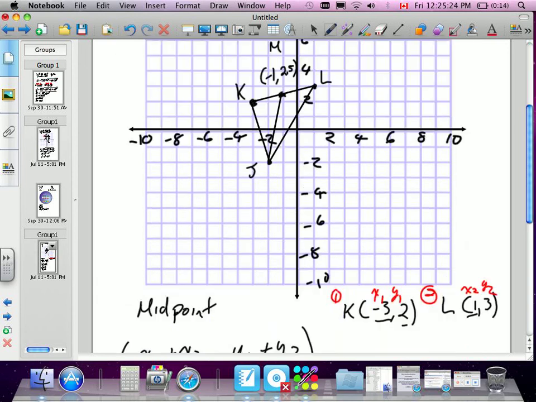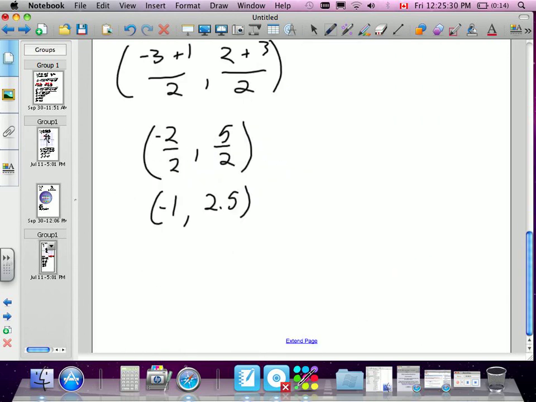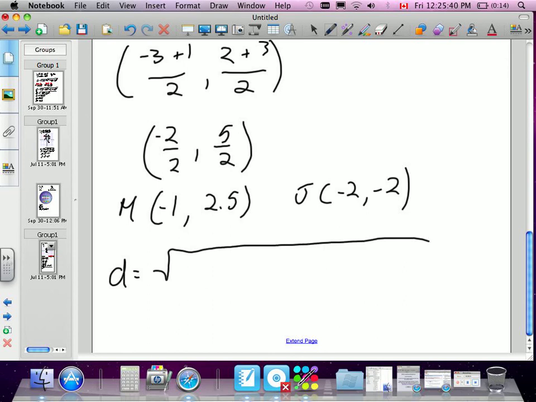So we're going to use our distance formula now. This is our M coordinate, and our J coordinate was -2, -2. Our distance formula is the square root of (x2 minus x1) squared plus (y2 minus y1) squared. Again, I'm going to have to name these points. We're going to call the midpoint 1 and J 2.